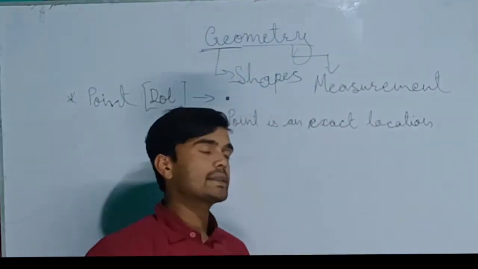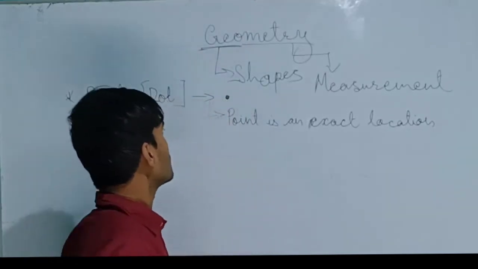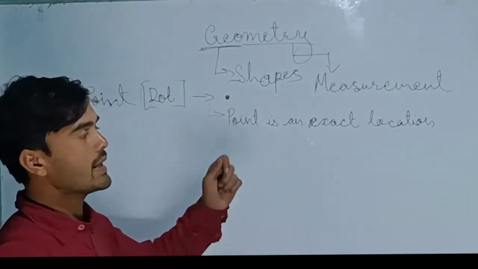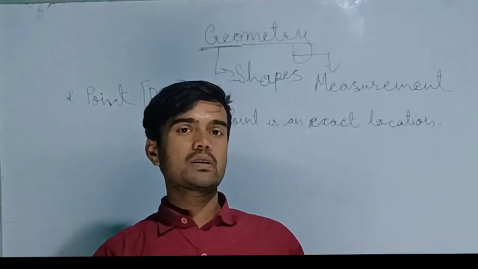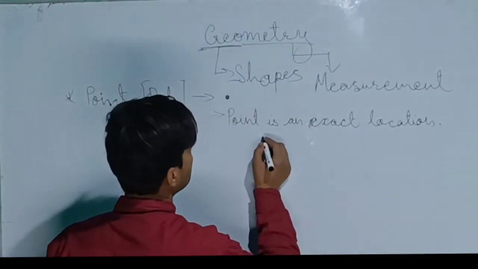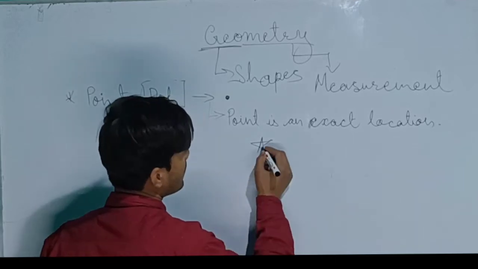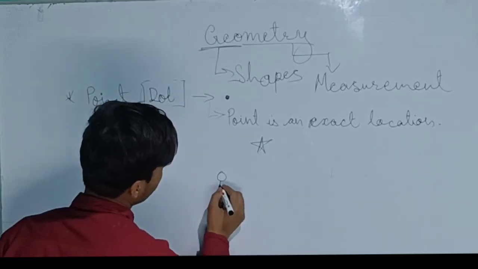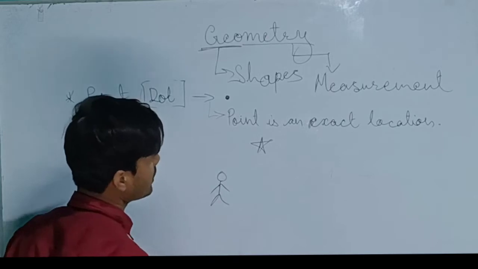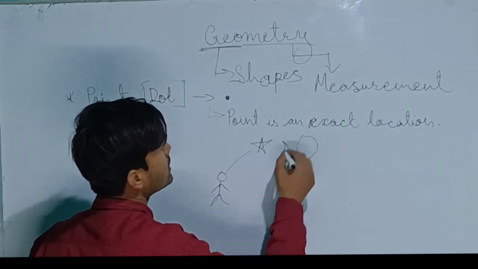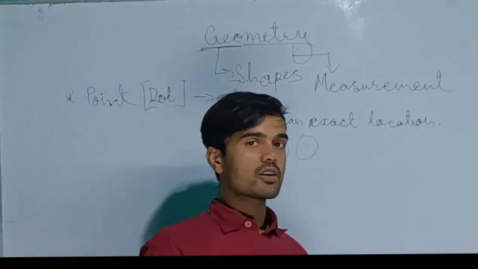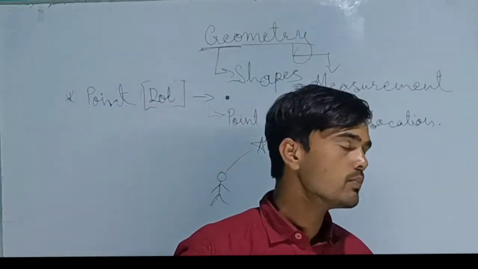So here a point means an exact location. The things that we see as a point are stars. When we see from the surface of the earth, the stars or moons or suns become a point.